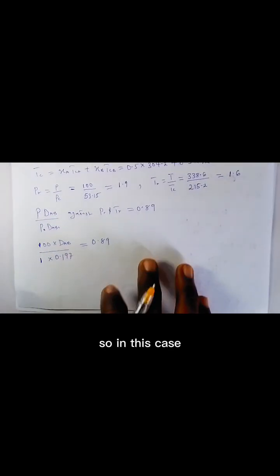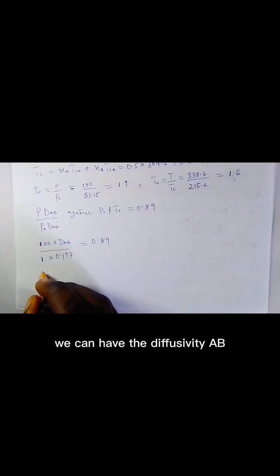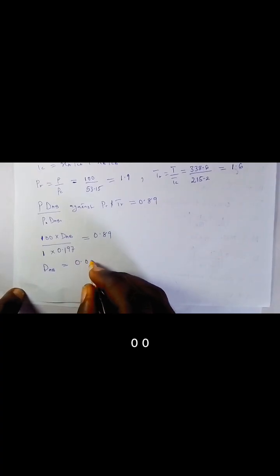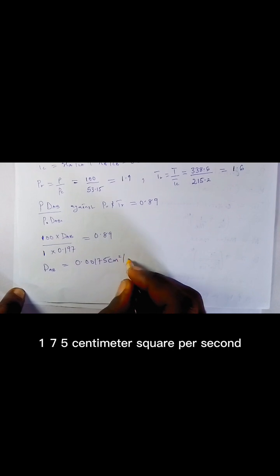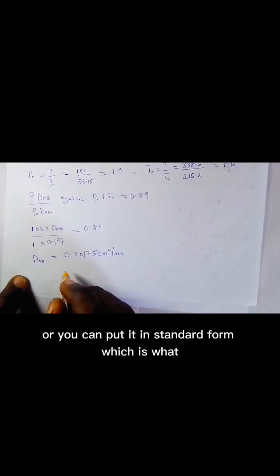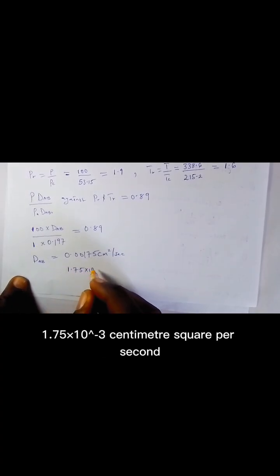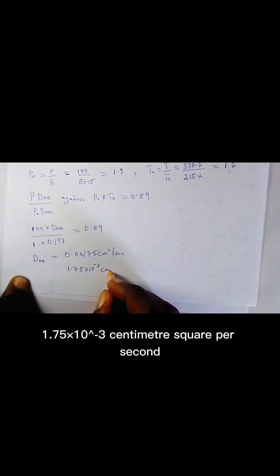So in this case, we can have the diffusivity D_AB as 0.00175 centimeter square per second. Or you can put it in standard form, which is 1.75 times 10 to the power of minus 3 centimeter square per second.